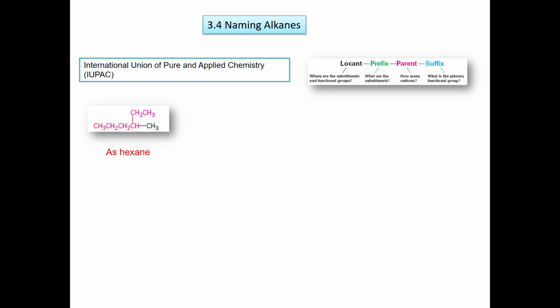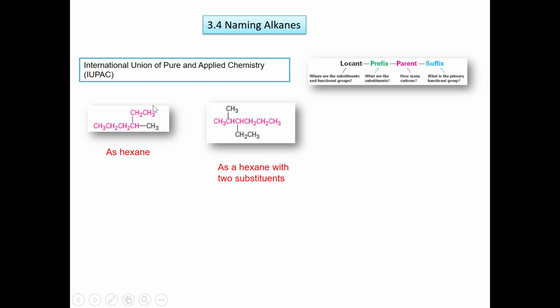Okay, we will check how we can do it. Here we have this compound. As you can see, I check the longest chain possible. The longest chain possible is here: 1, 2, 3, 4, 5, 6. Anything else that I choose will be a minimum of 5, so this has to be the main chain.